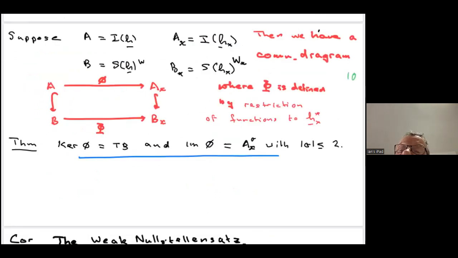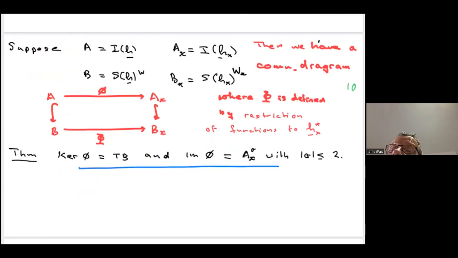So then you set up a commutative diagram where A is I(H) and B is the symmetric polynomials, and A_X and B_X are similar algebras in smaller rank. And then we need to know what the kernel of little phi is and the image.